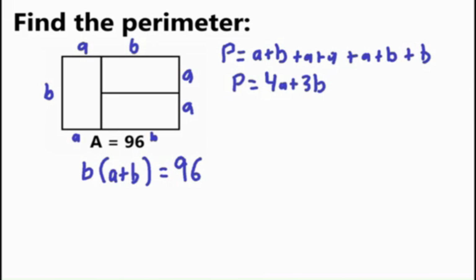But in this equation, we also have two variables, and we need another equation to help us solve for the variables. This is easy because look here. This side length here, we're given that it is equal to B. This side length here, we're given that it's equal to 2A, right? And these side lengths are equal to one another because it's a rectangle.